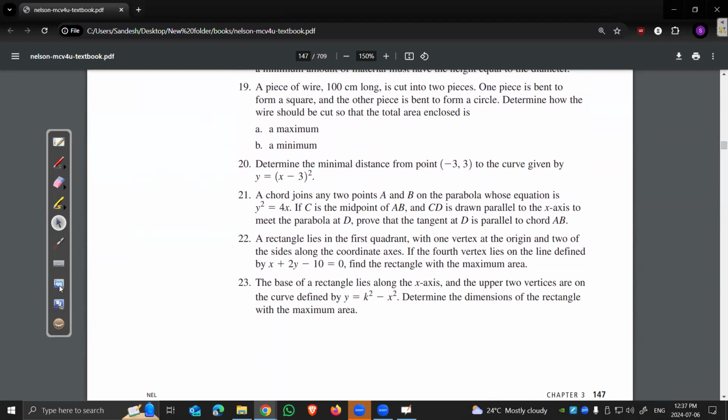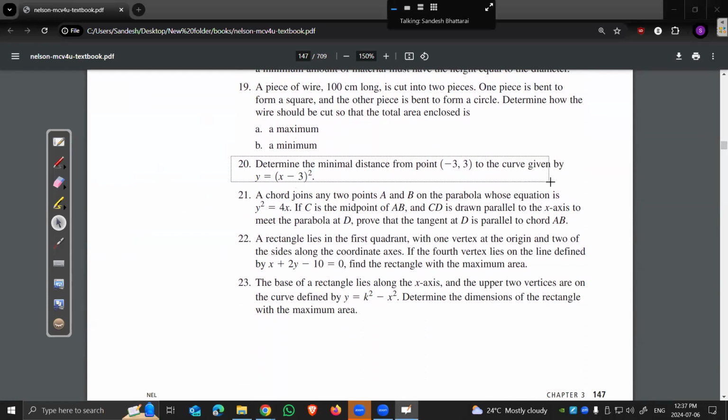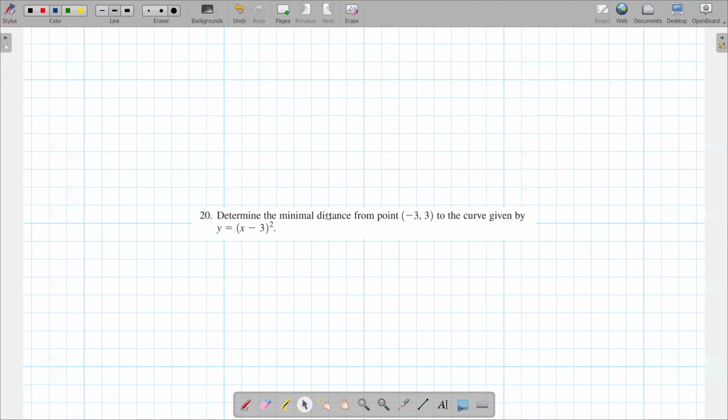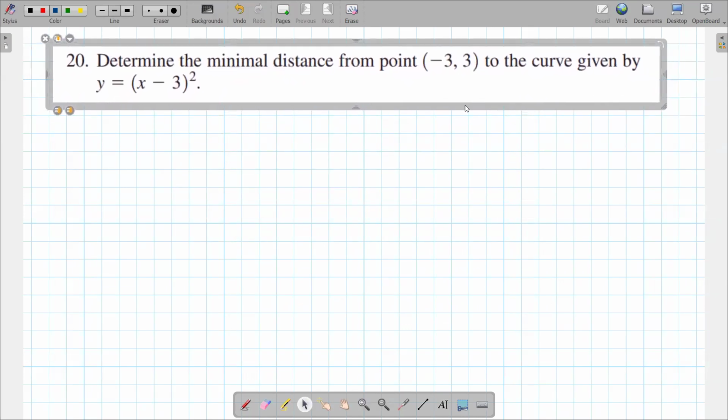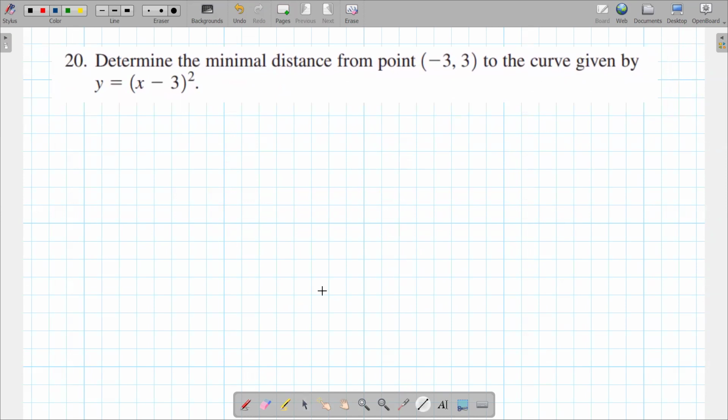Also got a little bit of a difficult question. So again, for all of these, I'm going to sketch because it's easy to sketch. That's just a quadratic.